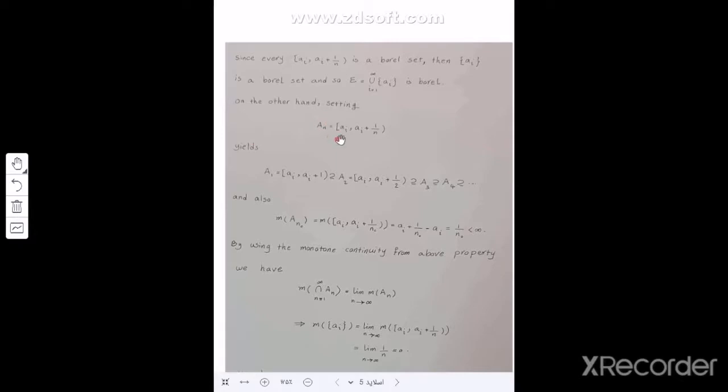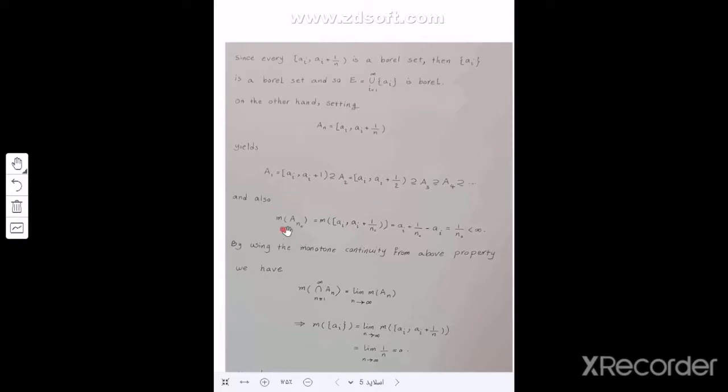On the other hand, setting A_n equal to this interval, it is clear that A1, equal to the closed interval from r_i to r_i plus 1, contains A2. Here the first point is the same, and by the endpoint we see that A2 is a subset of A1, A2 contains A3, and so on. We have a decreasing chain.